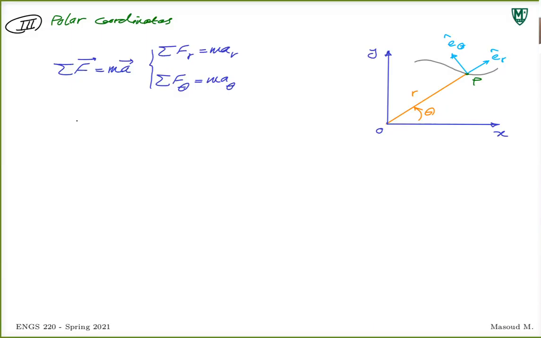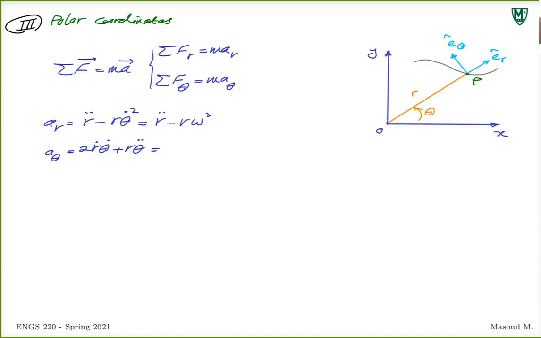And again, from kinematics, we already know that a_r was r double dot, or the second derivative of r with respect to time, minus r theta dot squared, or we can write it as r double dot minus r omega squared, theta dot being omega. And a_theta, or acceleration in the theta direction, we derived to be 2 r dot theta dot plus r theta double dot.